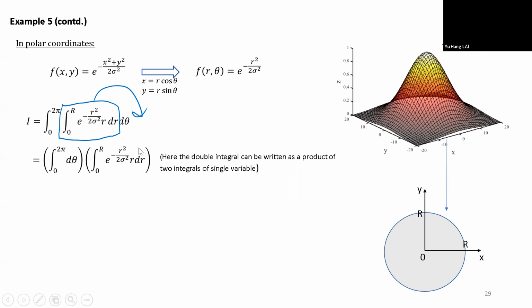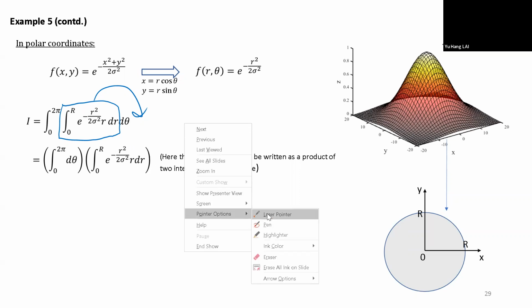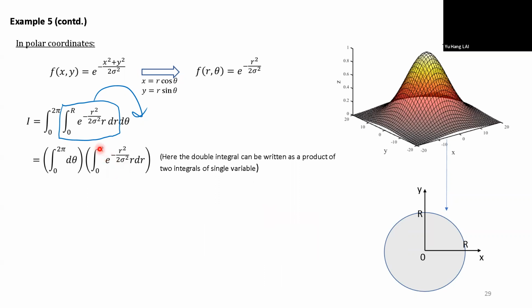Now we realize that we are able to express the second integral as an elementary function. Instead of integrating this Gaussian function, we are integrating this Gaussian function times the variable r.